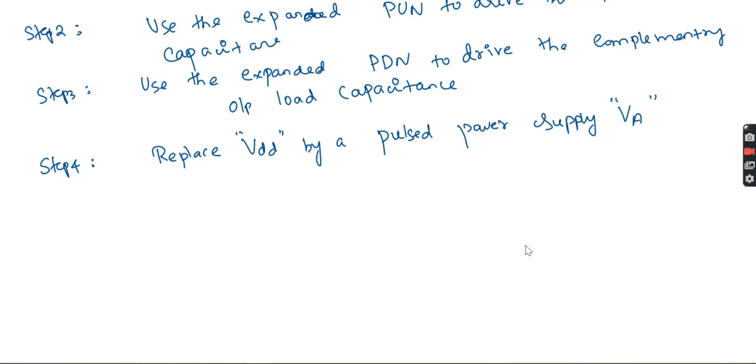So from this we can say how the adiabatic circuits, where both the networks are used to charge and discharge the load capacitance adiabatically. So what we need to do now, with the help of this, is the realization of gates using adiabatic logic.